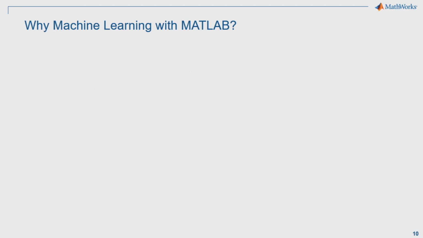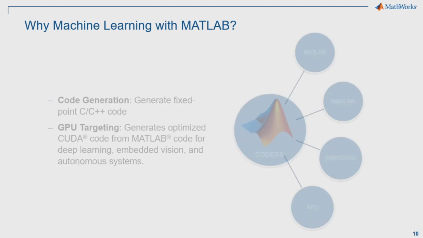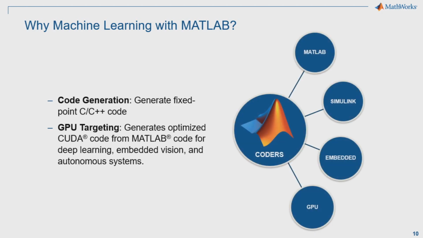So other things that may be interesting for you, maybe for a specific application, regard the coders of MATLAB. MATLAB has different coders: a coder for MATLAB, a coder for Simulink, an embedded coder and a GPU coder.